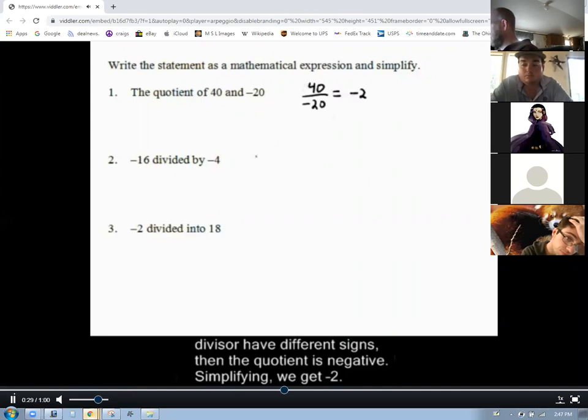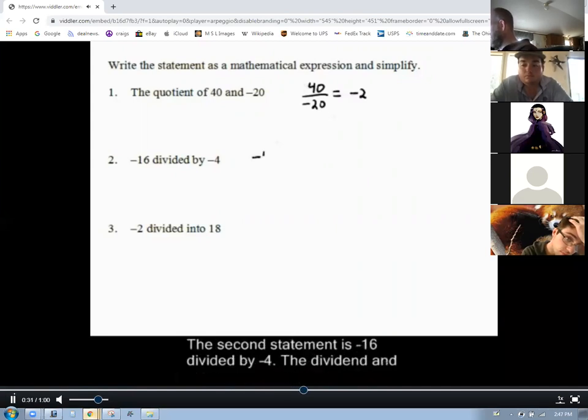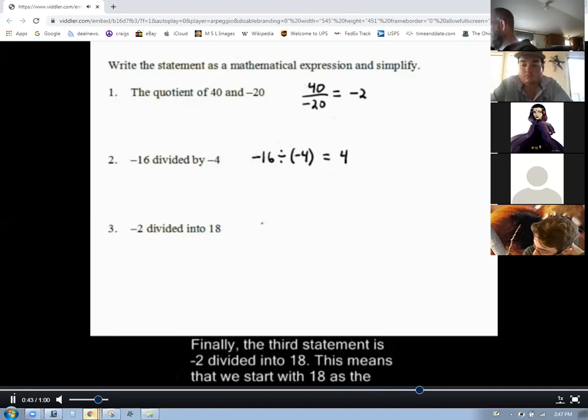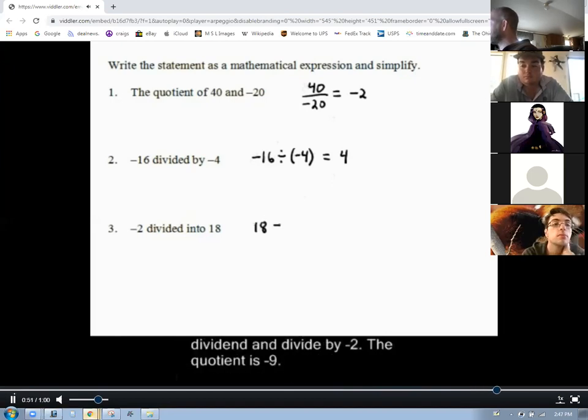The second statement is -16 divided by -4. The dividend and divisor have the same sign, so the quotient is +4. Finally, the third statement is -2 divided into 18. This means that we start with the 18 as a dividend and divide by -2. The quotient is -9.